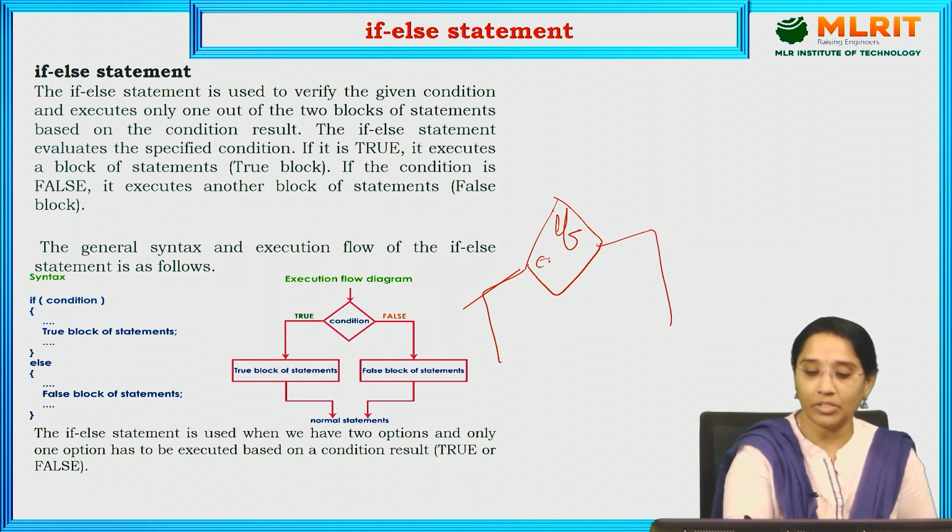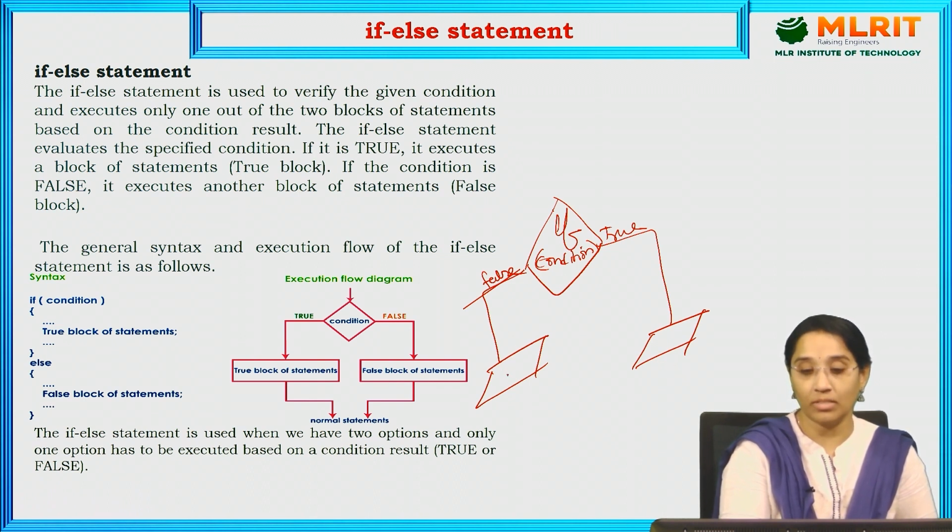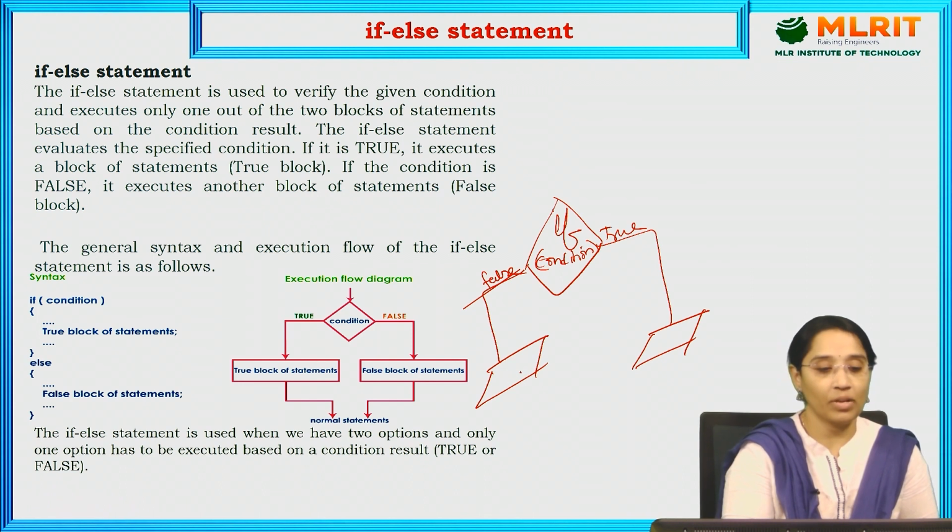Here the condition, a true block and a false block and the statements. If the condition is true, the true block statements will execute. If the condition is false, the false block statements will execute.